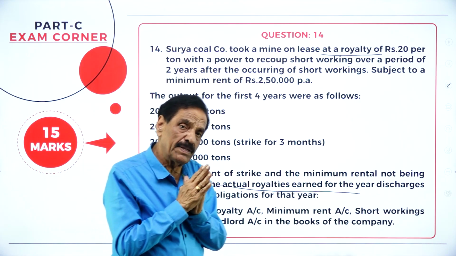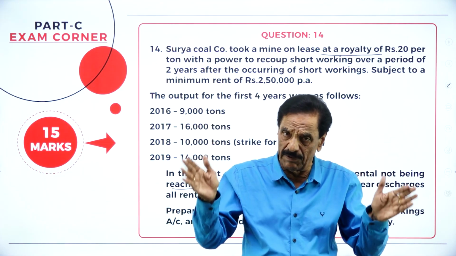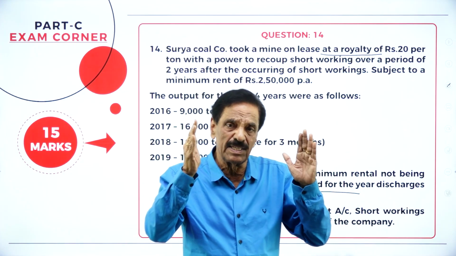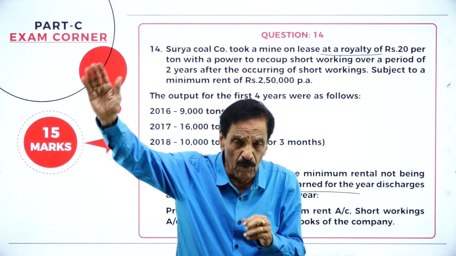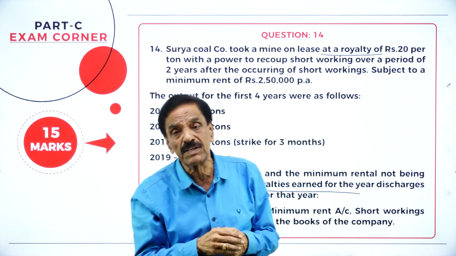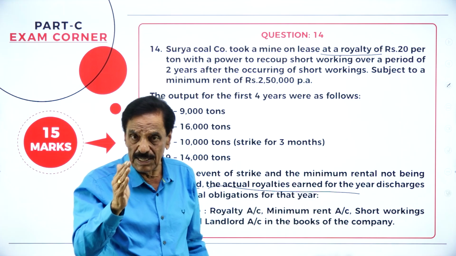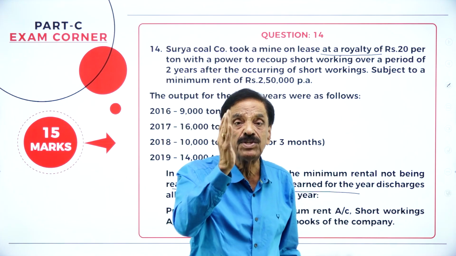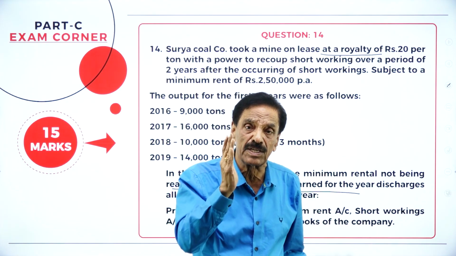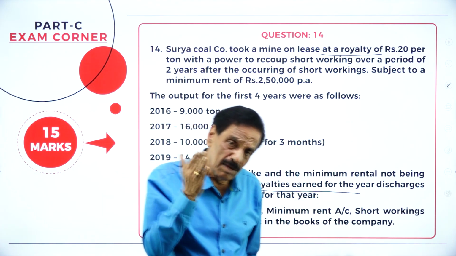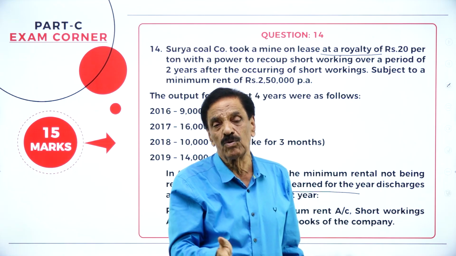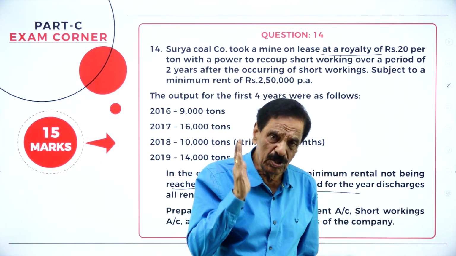The agreement between the lessee and lessor is such that if the royalty is less, then he has to pay the minimum rent. If the royalties are more, then you have to pay the royalty, whichever is more. Either the royalty or the minimum rent, whichever is more, should be taken into consideration and paid to the owner.